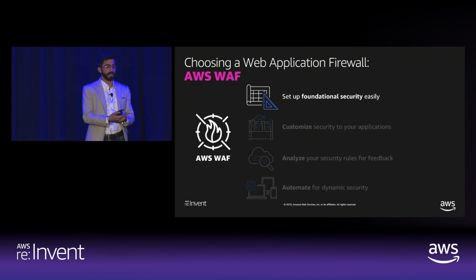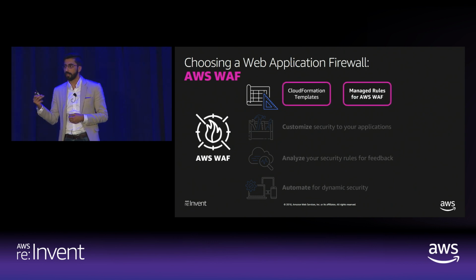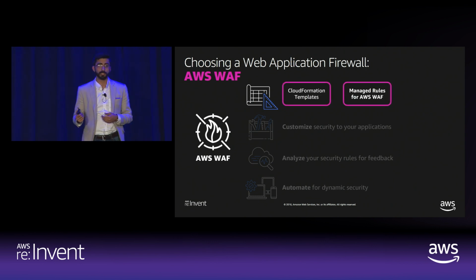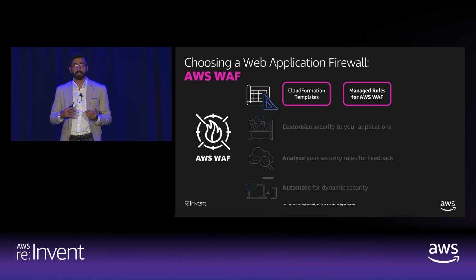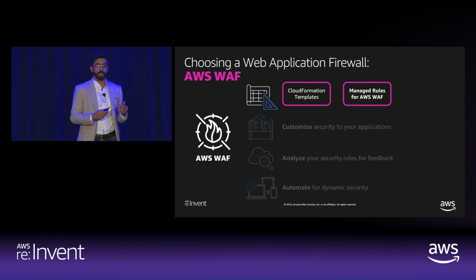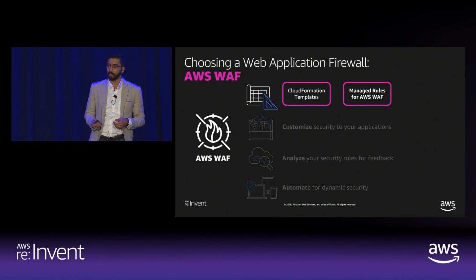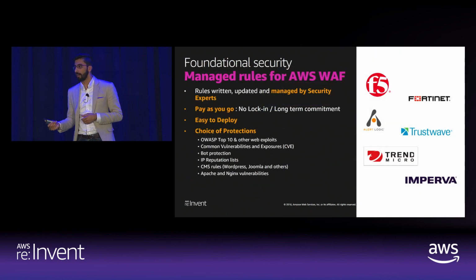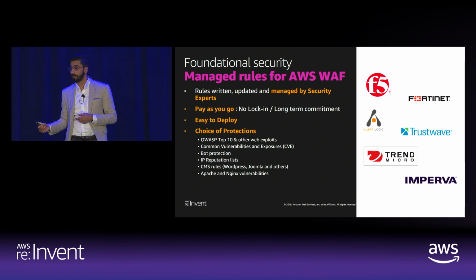So when you wanted to create your simple foundational security, customers like eVitamins used our easy-to-use CloudFormation templates that help them set up their basic protections quickly. And a lot of customers started using rule groups from our AWS Marketplace, which we launched about a year ago. These managed rules are created and updated by security experts such as F5 and Fortinet.